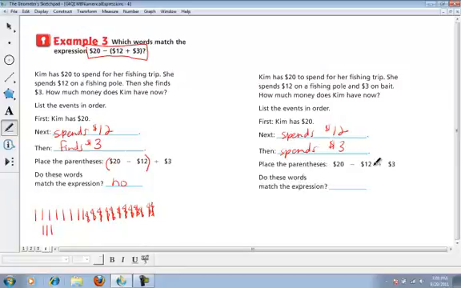Now, where would our parentheses go? Well, let's look at how much she's spending. She's spending $12 plus $3. So these two are grouped together with parentheses because that's the total amount that she's spending. And she started with $20. So do these words match the expression? It looks like they match. Yes, they do.